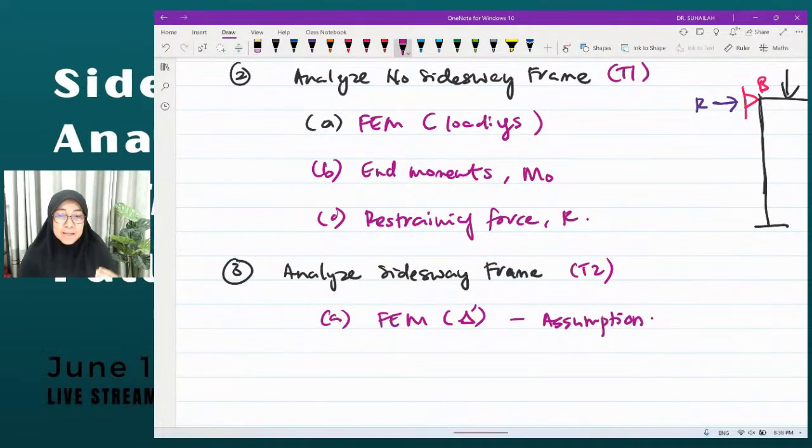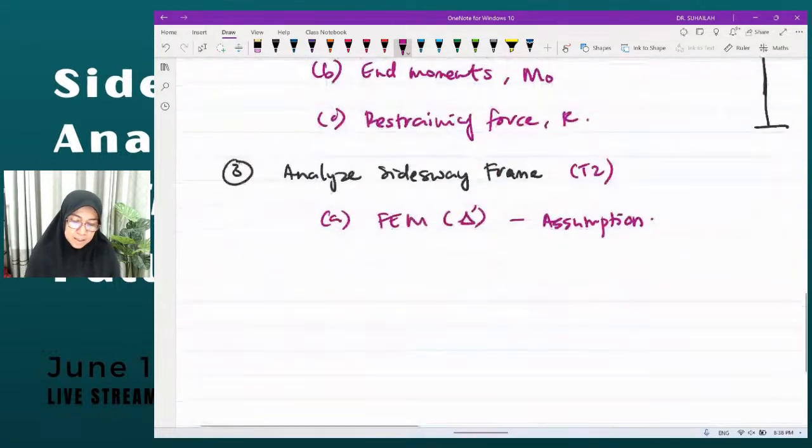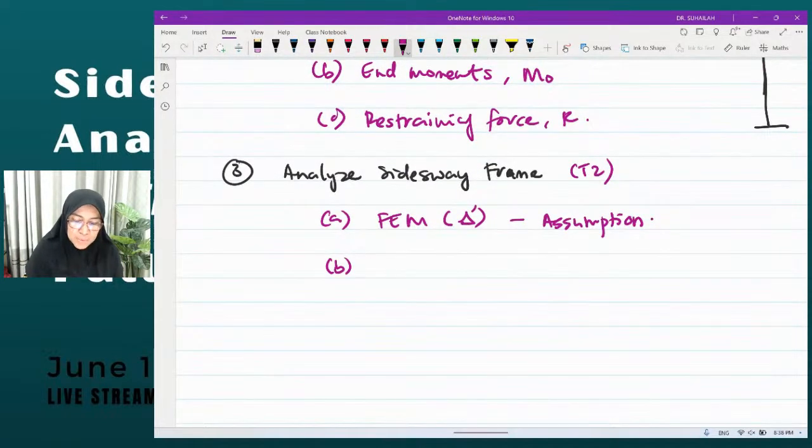Okay, delta prime. Next step is B. Once we assume delta, we assume FEM, and then we also calculate FEM based on the assumption for another column. After that, we substitute the FEM into table number 2. Just change the FEM values. We still use the same distribution factor, and we repeat the distribution and carry over until the last distribution, and we get the final end moment M prime.